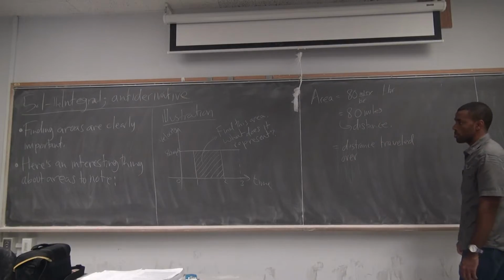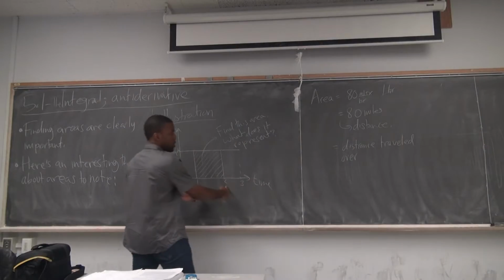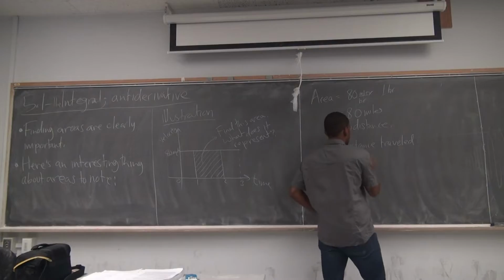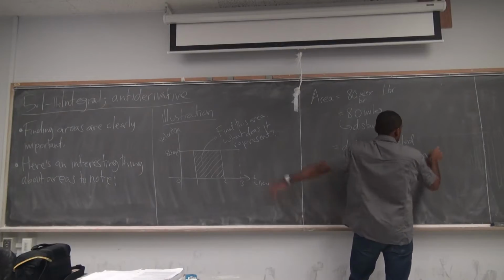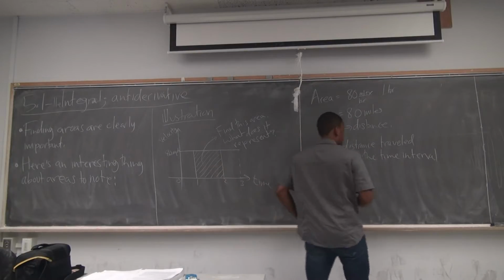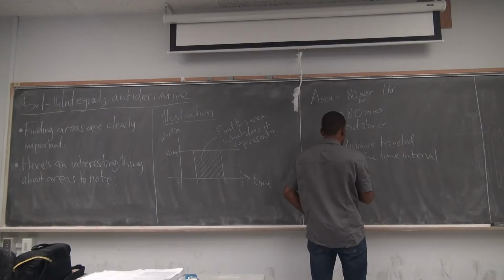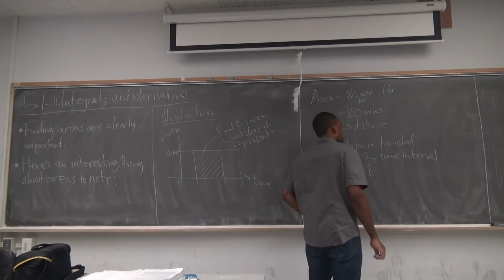Over what? Over 1 hour, not just 1 hour, but the hours between 1 and 2. Sure, it's constant velocity, so it'll be the same along any hour, but specifically it's the hour between 1 and 2. Over the time interval 1 to 2. Right?